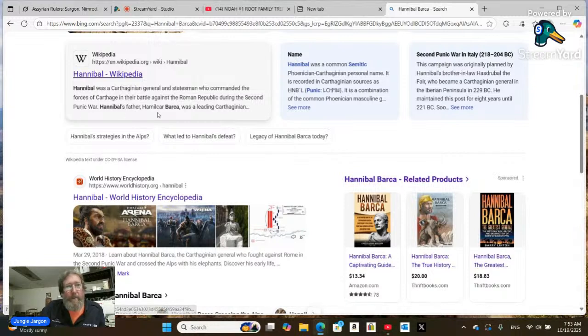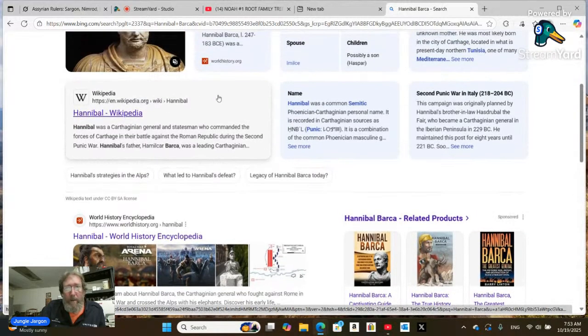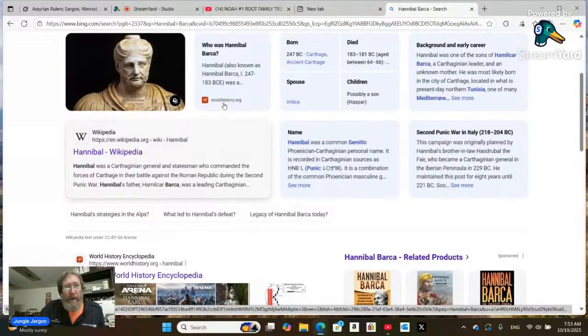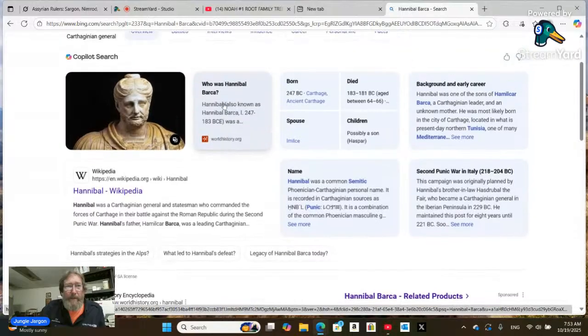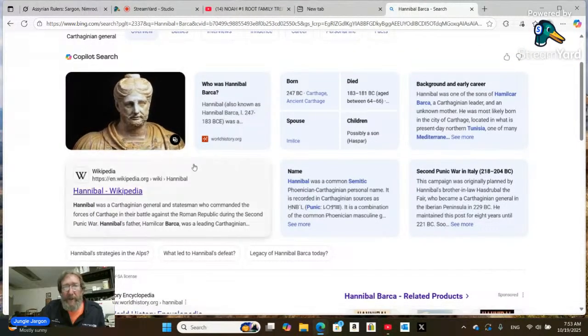Hannibal's father, Hamilcar Barca, was a leading Carthaginian statesman or hero, whatever. I don't know. So that's interesting, and that makes sense too, because these are the original Phoenicians, which are the North Africans, which Josephus describes as being descendants of Put.